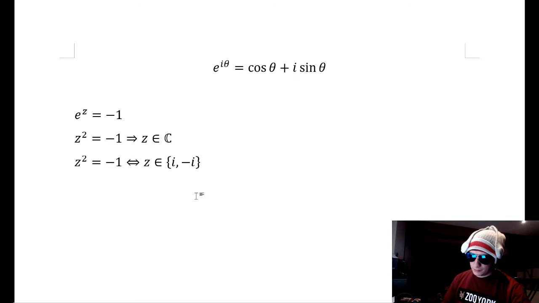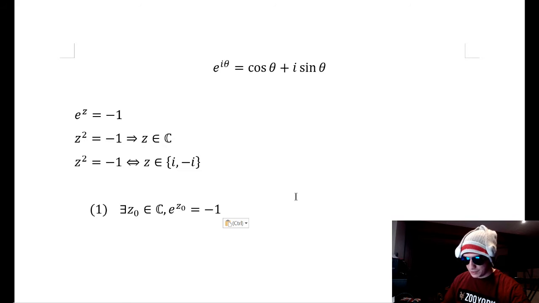So if we could find a complex number z such that e to the z equals -1, you can figure out the exponential function for complex numbers from there. So let's just suppose that this number exists.